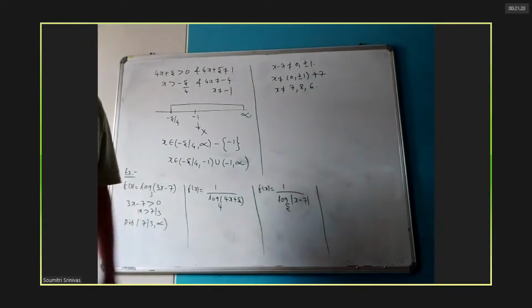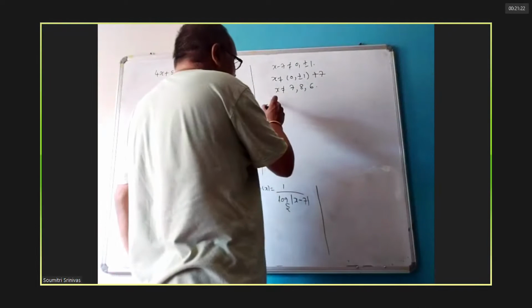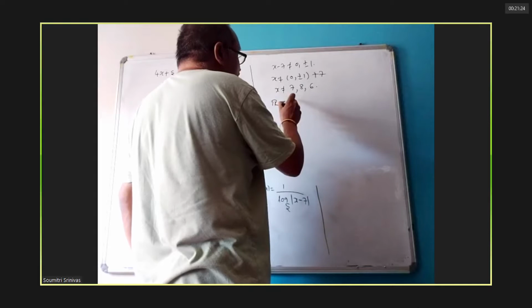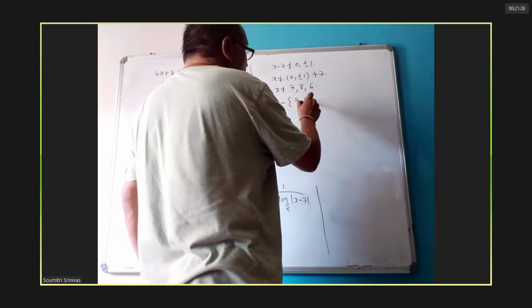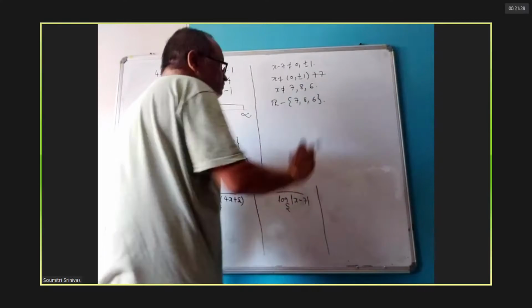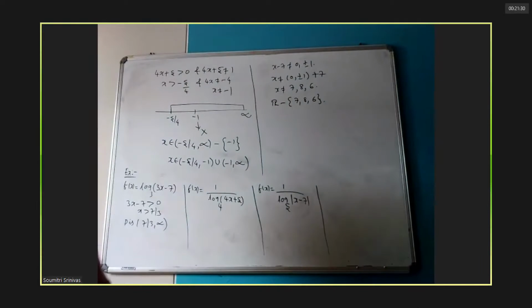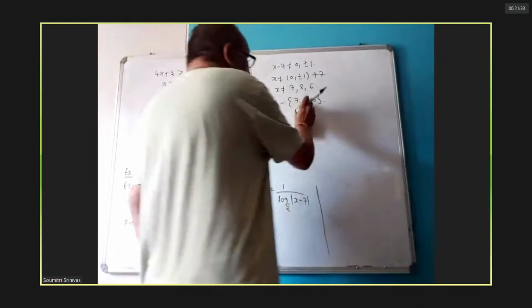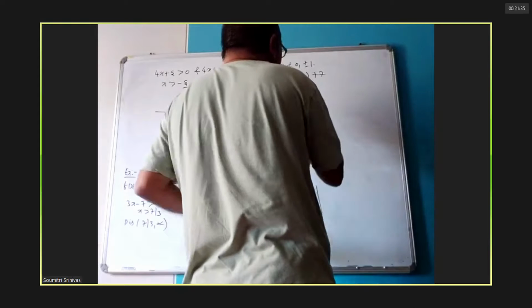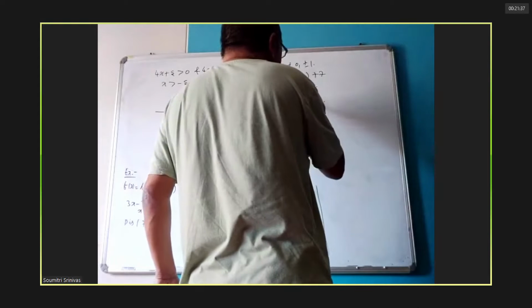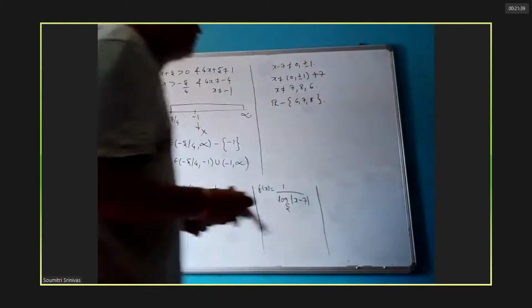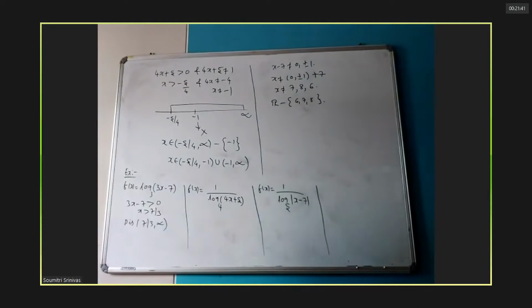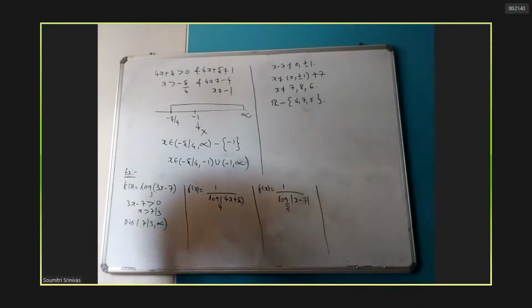Don't write in terms of interval, man. That will be crazy. R minus 7, 8, 6. Should not write 7, 8, 6. Looks ugly. Six, 7, 8.